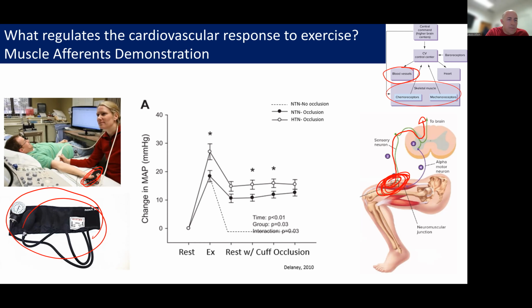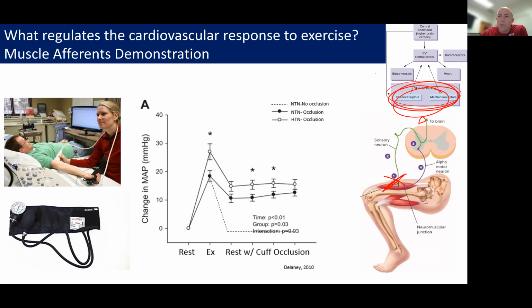What else can I tell you about these? We've done some studies where we actually block the communication between the sensory nerves in the muscle and the brain, or impair it. So the brain can't really tell how much metabolic byproducts or how much mechanical strain is going on in the muscle. And when we block that communication, the chemoreceptor and mechanoreceptor response to the CV center is blunted.